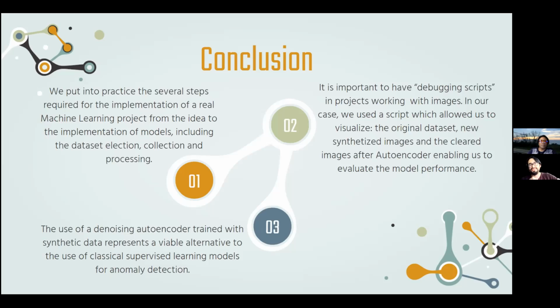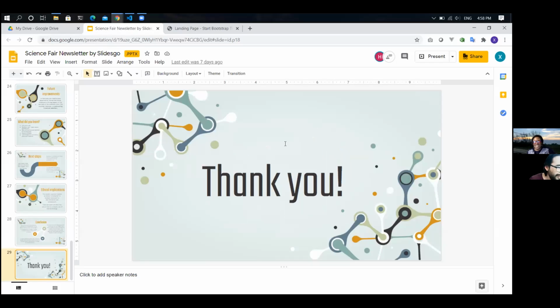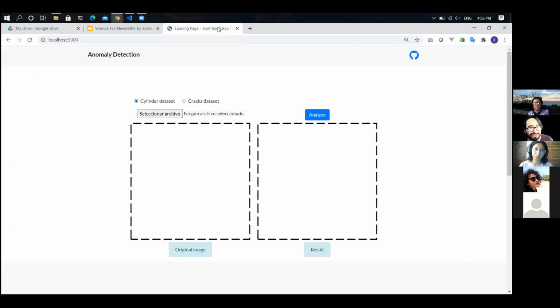It's very important because in that way we can balance that kind of data and solve the problem in a better way. Also, we learned a lot of things about synthetic data, autoencoders, and more. But I think in a nutshell, that's the most important thing. Thank you. This is a general approach to this project. And now Jimena is going to show you a little bit how it works.